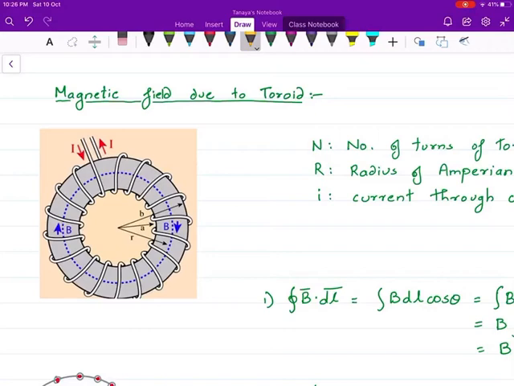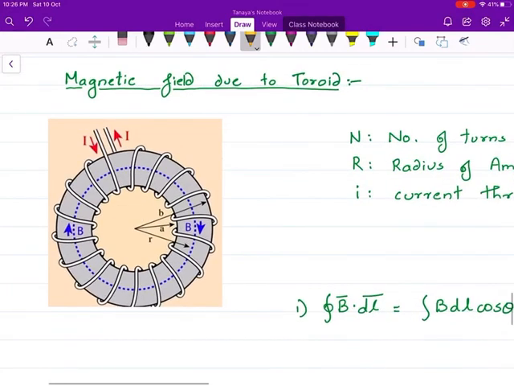In a toroid, again we curve the solenoid and make it into a circle. This is the diagram shown. See how the current is flowing. The current is entering from here, going inside over here, coming out from here, again going inside, coming out, going inside.